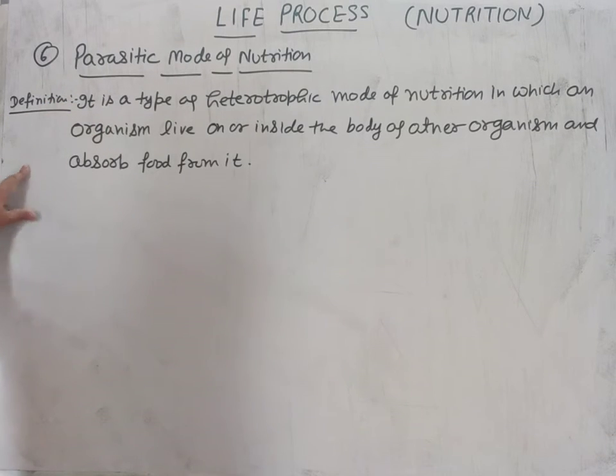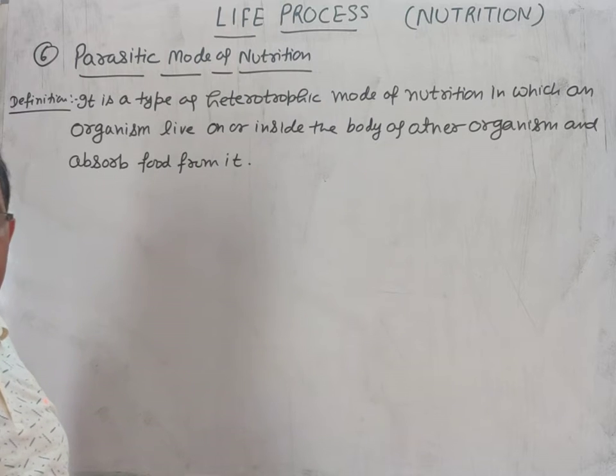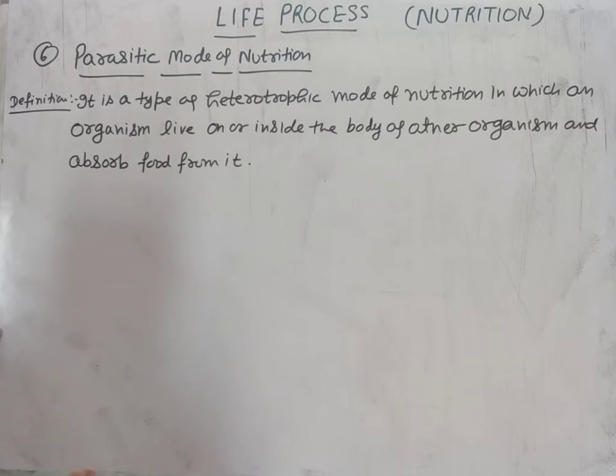Parasitic mode of nutrition is a type of heterotrophic mode of nutrition in which an organism lives in the body of another organism or on the body of another organism and gets food from it.